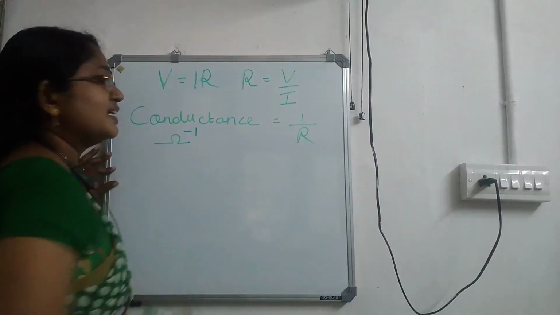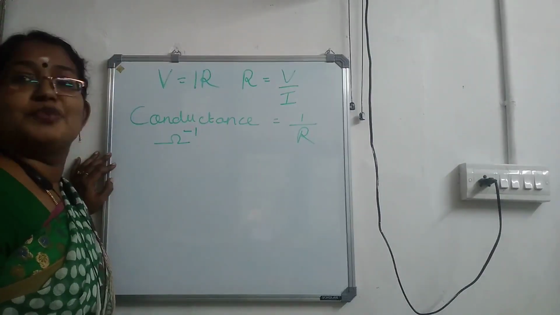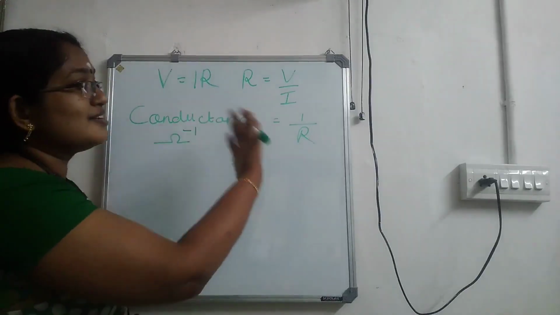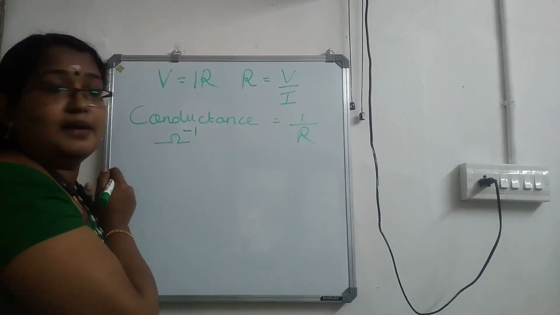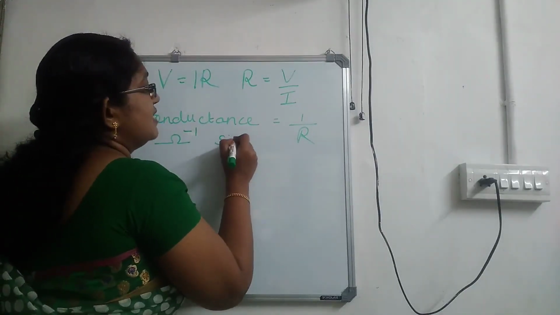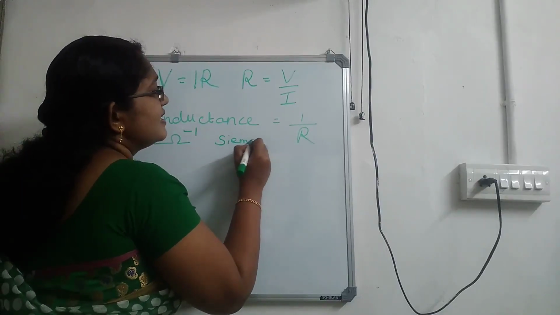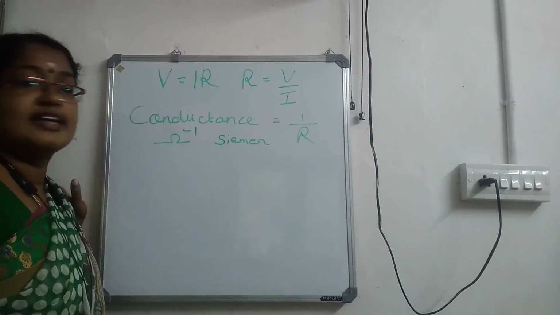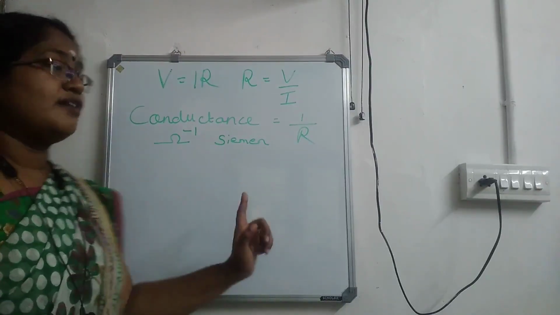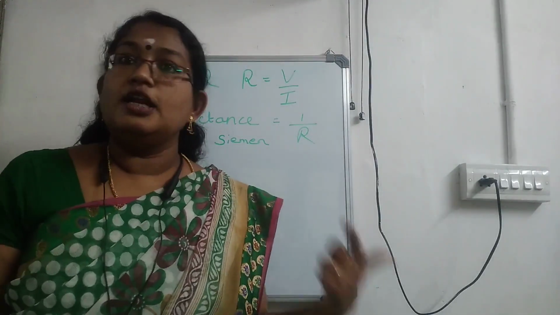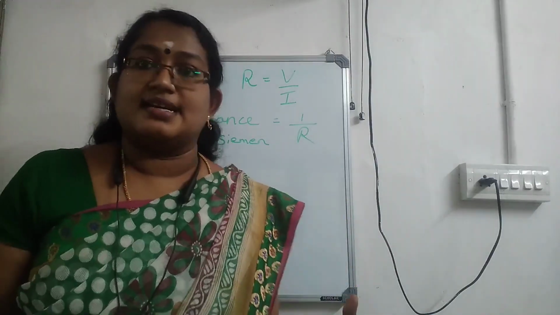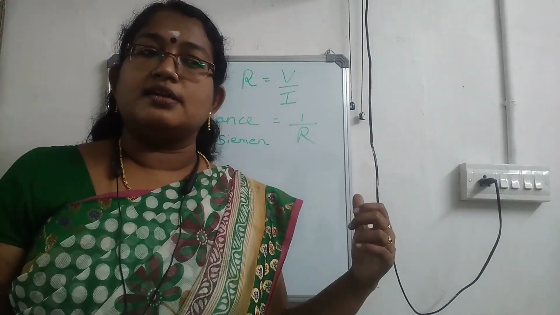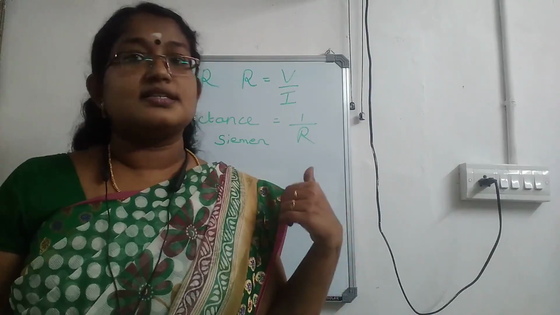So in the case of conductance it will be ohm raised to -1 because it is the reciprocal of resistance. Okay. Or one more unit is there. It is Siemens. Siemens is also a unit for conductance. Okay. So what you have to remember? Reciprocal of resistance is known as conductance and its unit is ohm inverse or Siemens.